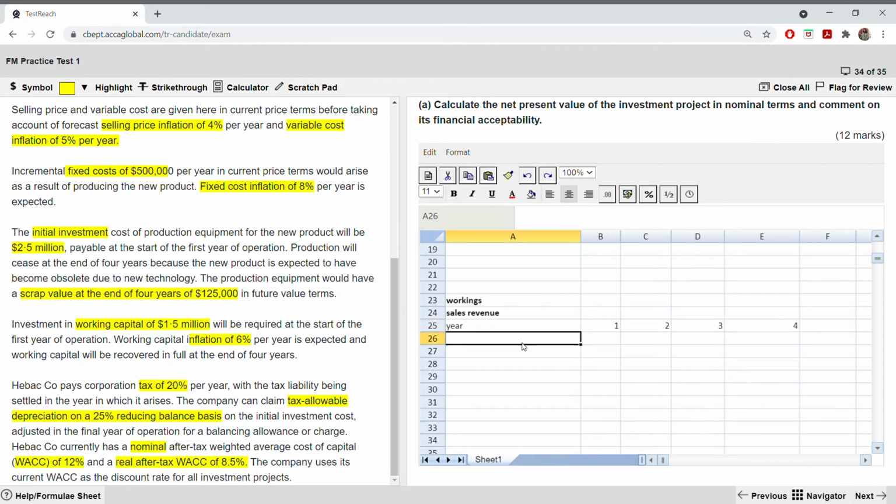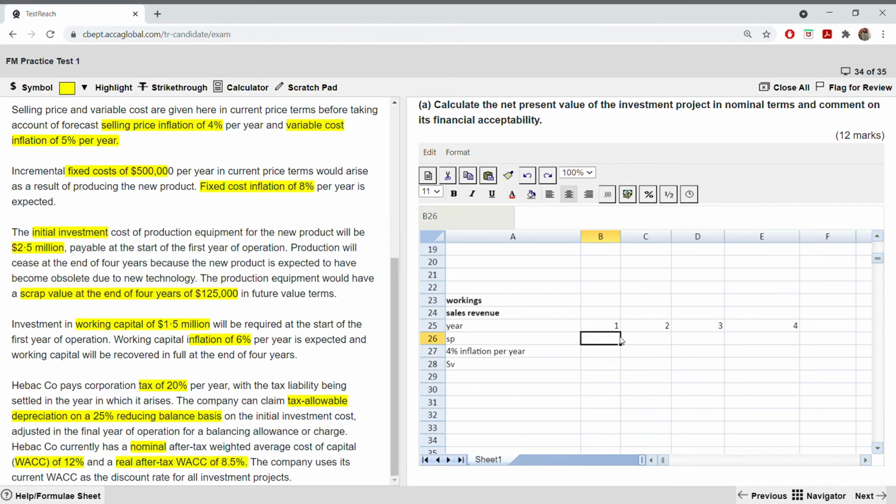Then you are going to put your selling price. Then you are going to put your 4% inflation per year. Don't put SP, put selling price. Sales volume. But here I'm using it in order to save time.